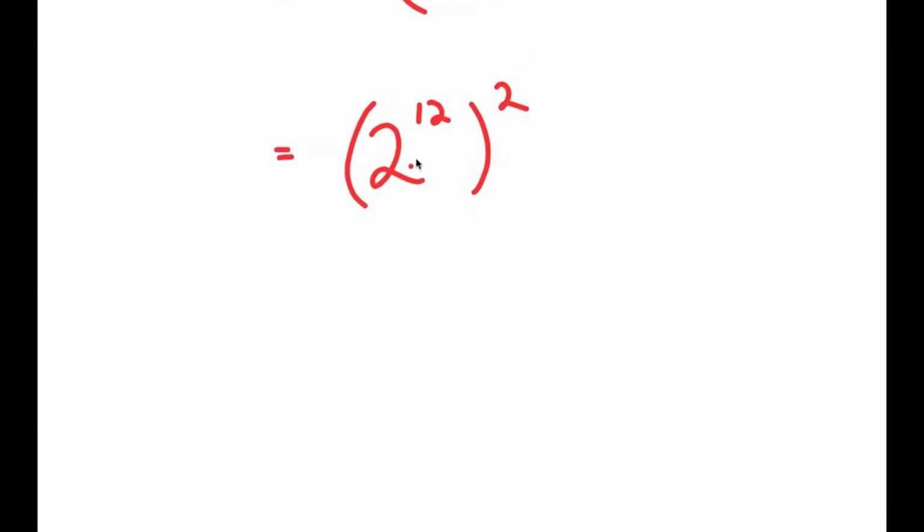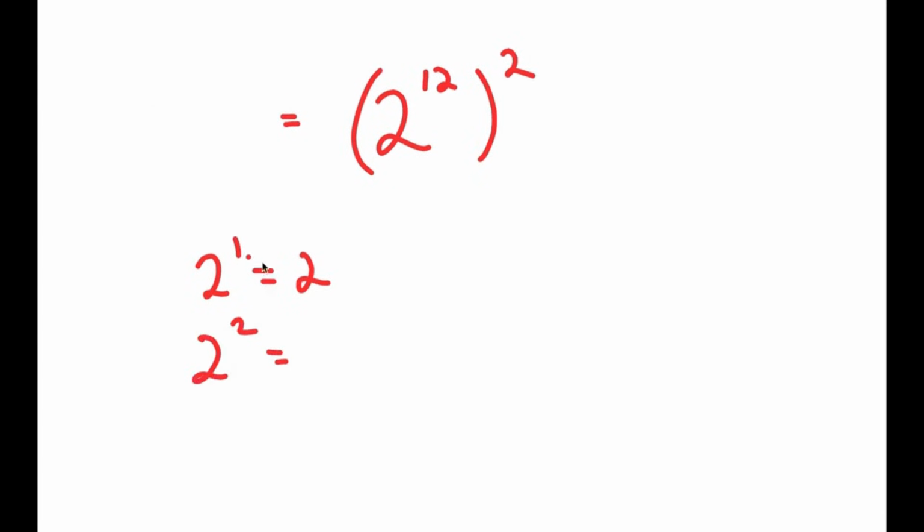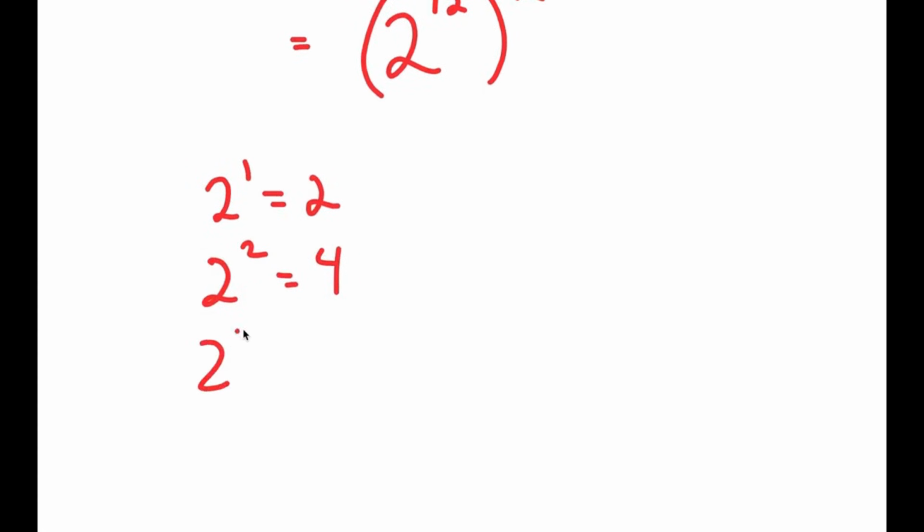And 2 to the power of 12, well, 2 to the power of 1 is equal to 2. 2 to the power of 2 is double 2 to the power of 1, so 4. And 2 to the power of 3 is double 2 to the power of 2, which is 8.